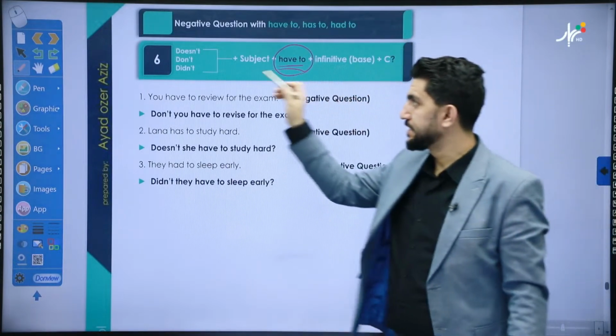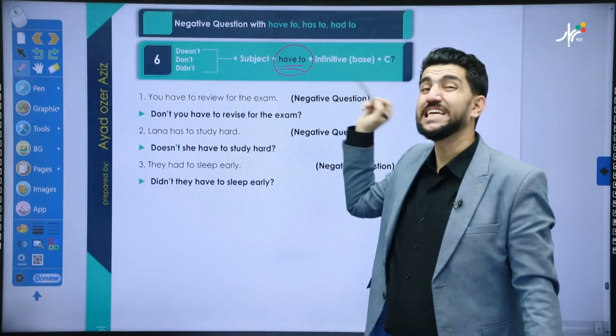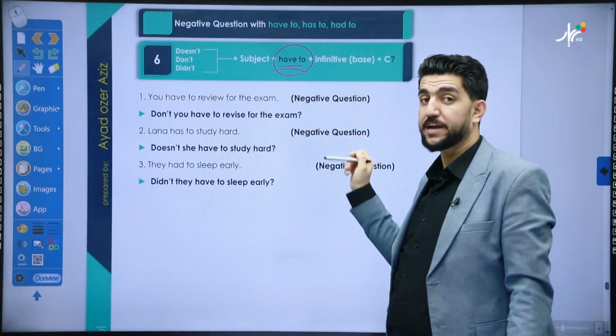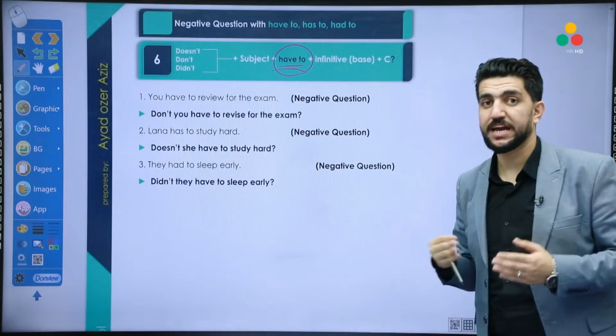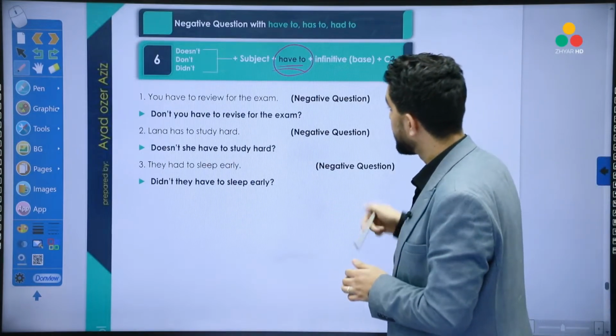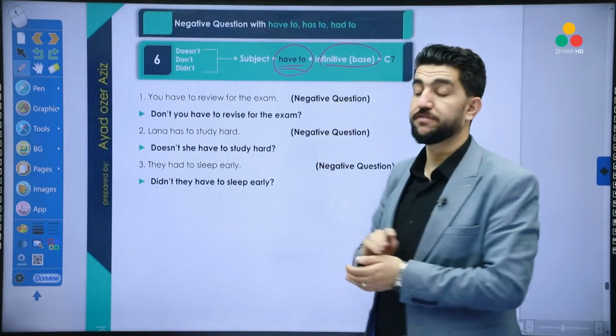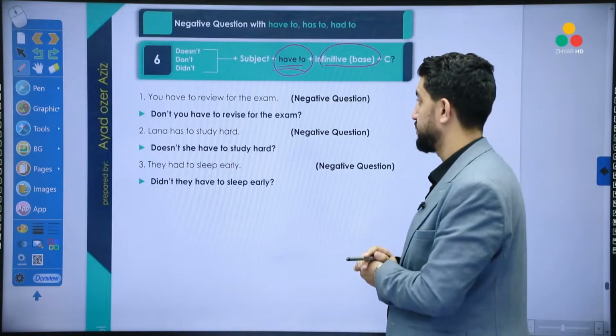Doesn't she have to? Doesn't he have to? Don't they have to? Didn't they have to? So all of them would be have to. And then they're followed by the infinitive form. Don't forget that one as well.